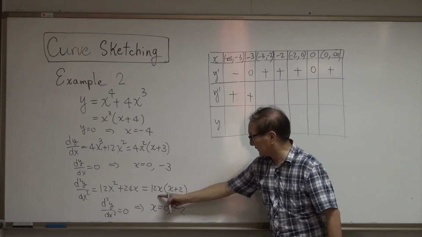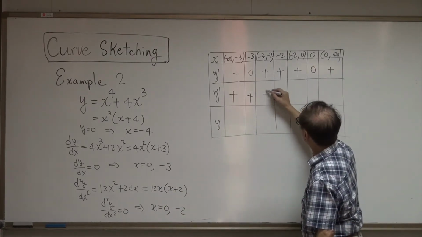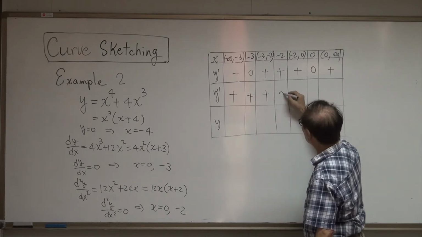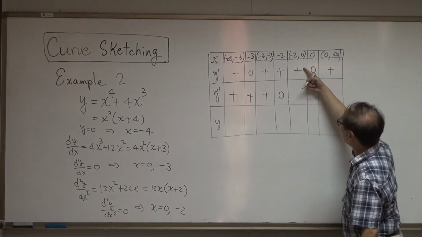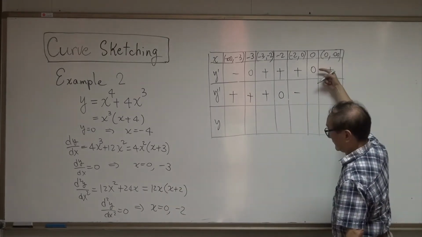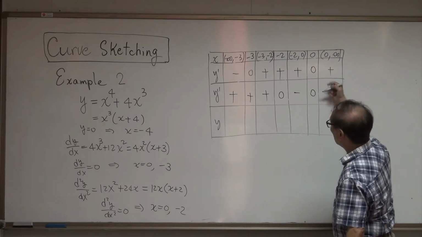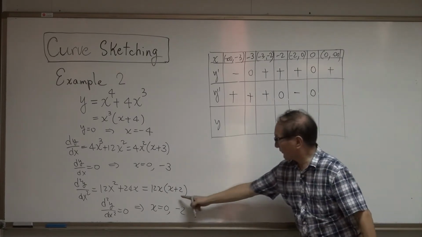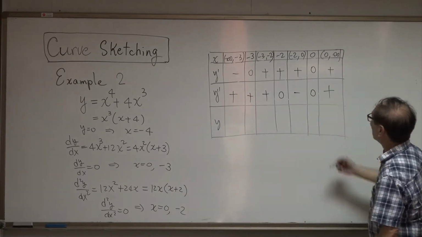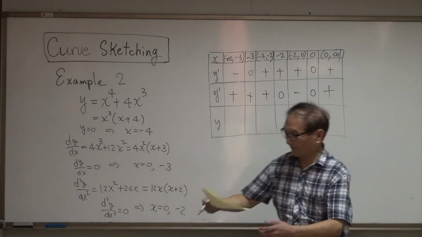This is negative, this is negative, so it's positive. Minus 2 is 0. And here I choose minus 1, which gives negative. Here 0. And here, choose a positive number.